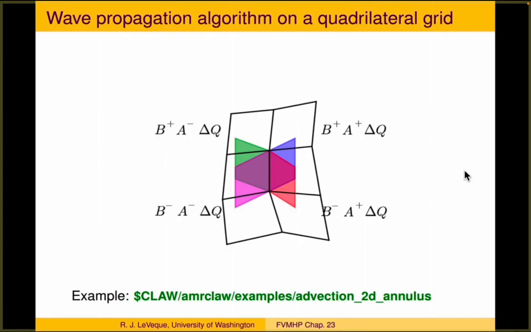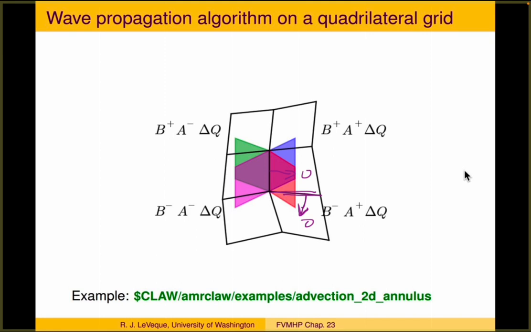So to get this, for example, the wave that's going to the right and downwards, we would look at the wave that's going to the right as being orthogonal to the original interface, but then we would solve or use eigenvectors of a matrix that's rotated in the direction that's orthogonal to this interface below the cell to figure out how much of that wave goes from this cell into the cell down below.